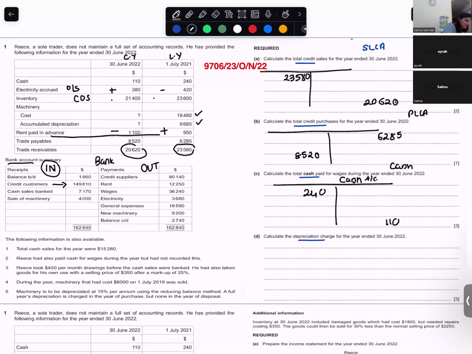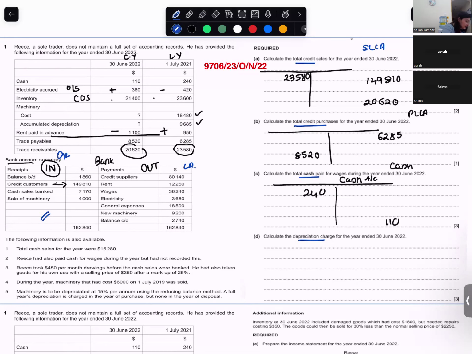That means you have received this money from the customers. Money received from the customers comes over here, 149,810. If you don't understand it that way, if it is debit over here, it will go somewhere on the credit. And if it is credit over here, it will go somewhere on the debit. Are you with me? Yeah.